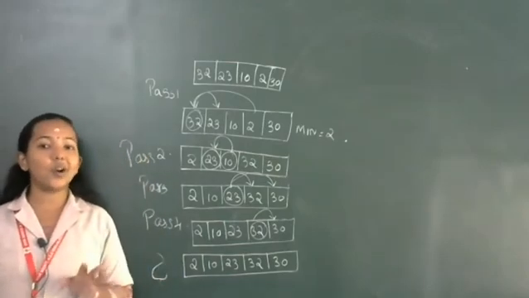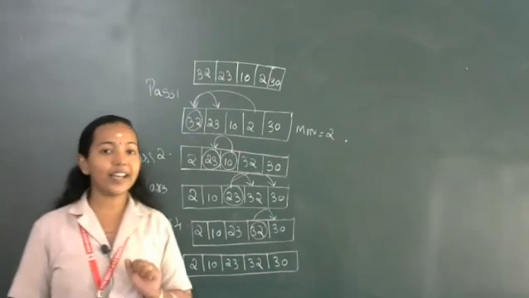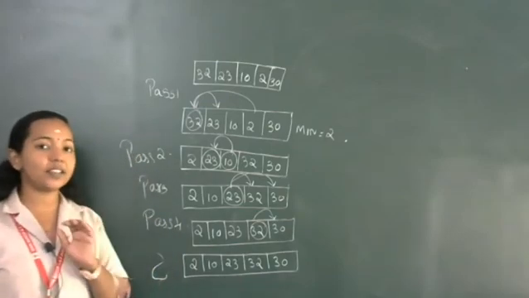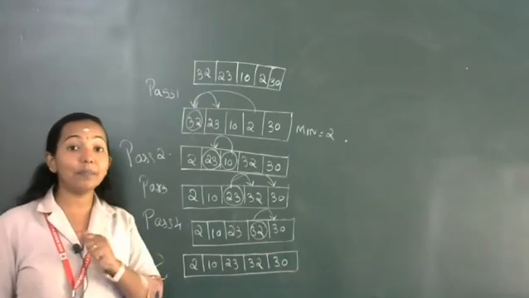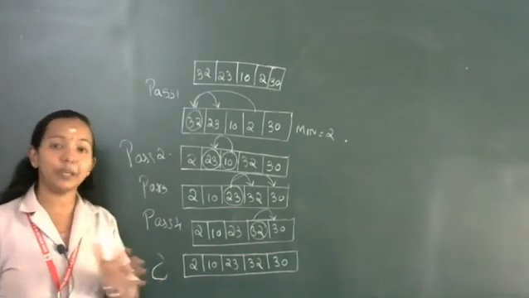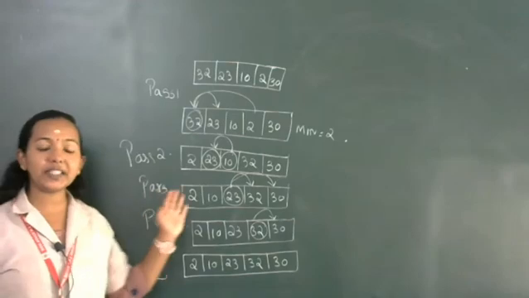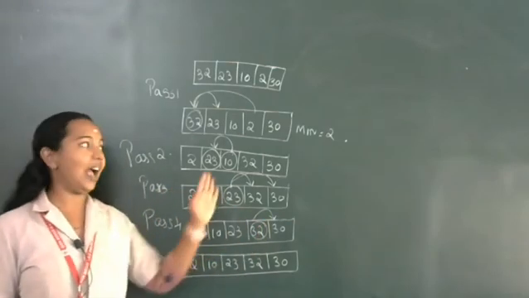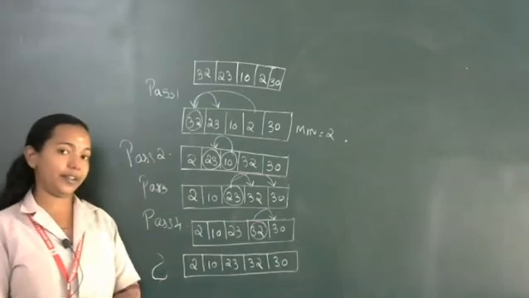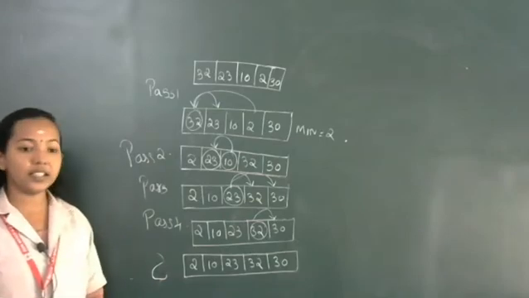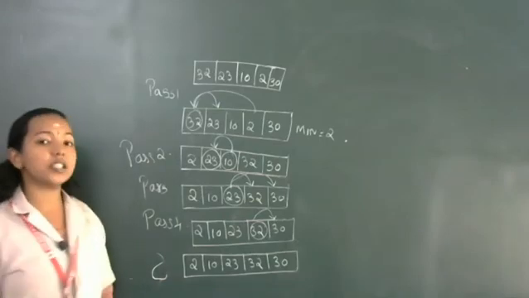This is known as selection sort. First we select an element, then we assume that it is the minimal element. That value is compared with the other elements and the smallest element is shifted to the left side. Clear?